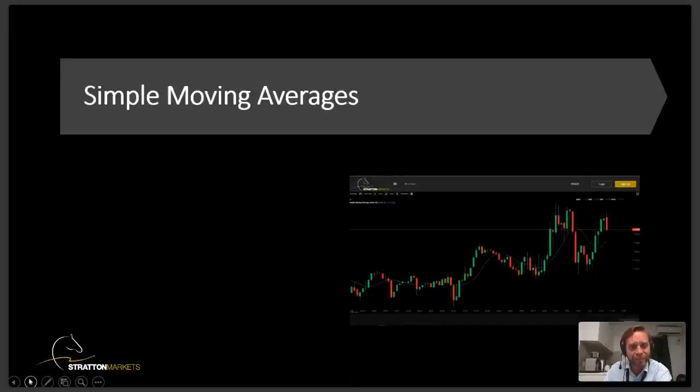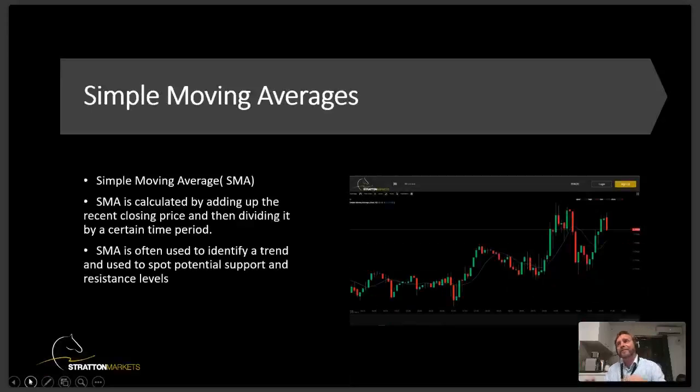Now, a simple moving average, also known by the abbreviation SMA, is calculated by adding up the recent closing prices and dividing by a certain time period. For example, with an SMA 10, it takes the closing prices of the last 10 days' trading sessions and divides by 10.